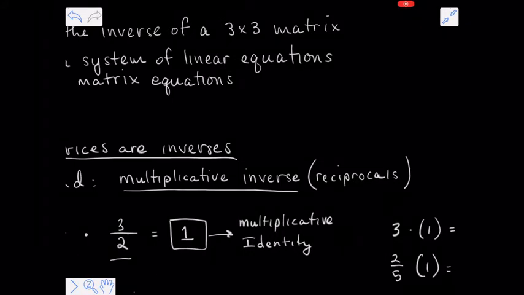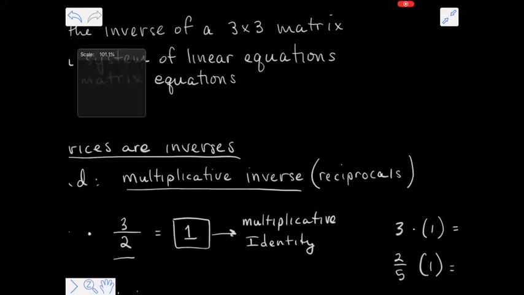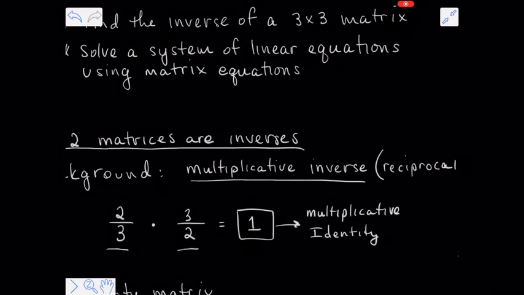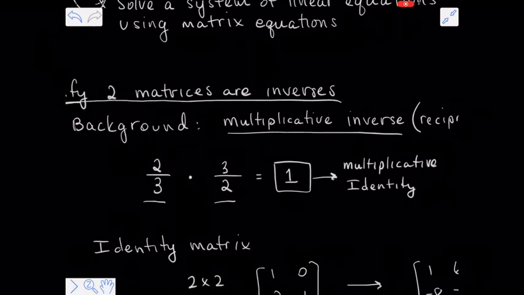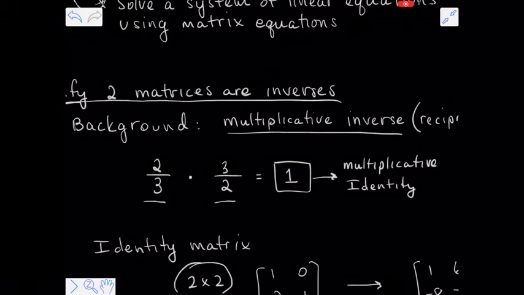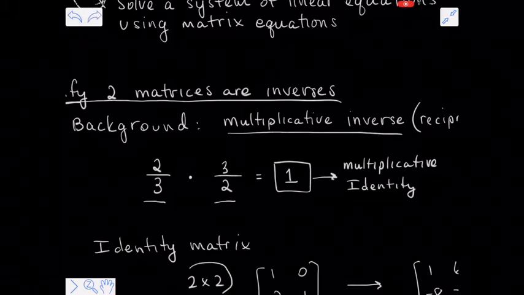Matrices also have an identity, so that when you multiply by this identity, it doesn't change the matrix. They're called identity matrices. For a 2x2, and by the way, this only applies to what are called square matrices. Square matrices means they have the same number of rows and columns, like 2x2 or 3x3.